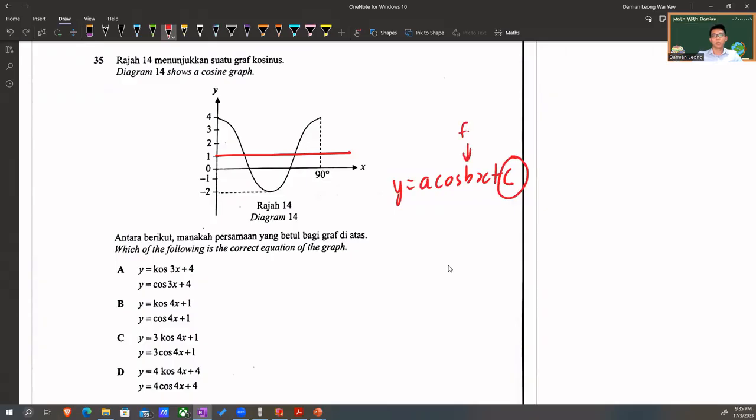B is the frequency. And A is the magnitude or amplitude. How high it goes. So it goes 3 units at the height. So A is 3.